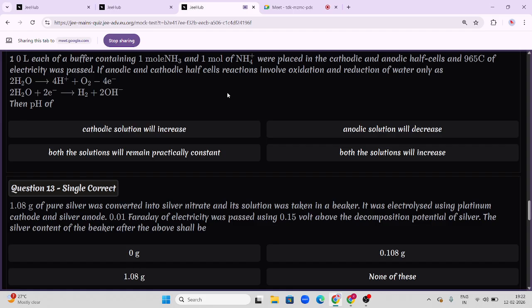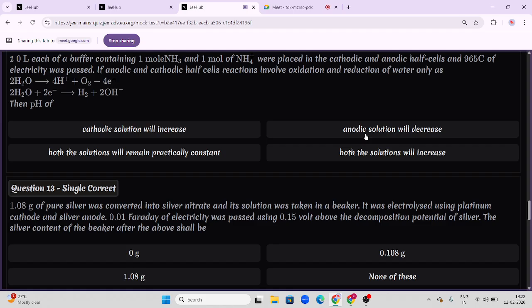Second option, ma'am. Why? Ma'am, in anode, oxidation of water will occur, so H plus ions will be released, I thought, ma'am. What kind of a solution is this? Is this a buffer solution? Yes, ma'am.